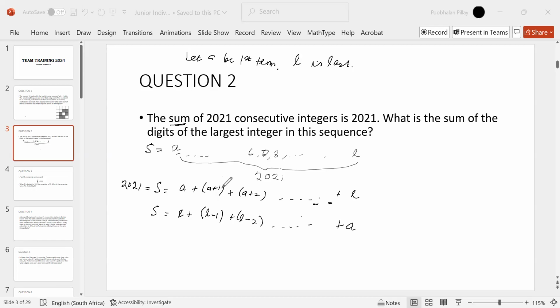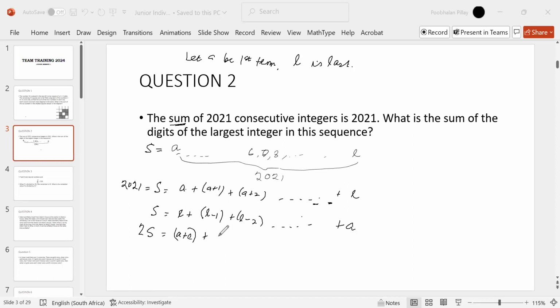right? So now why did we write it backwards? The reason is because when you add these two things, you get S plus S. When you add these two numbers, you'll get A plus L. And here, when you add these two, 1 minus 1 is 0.